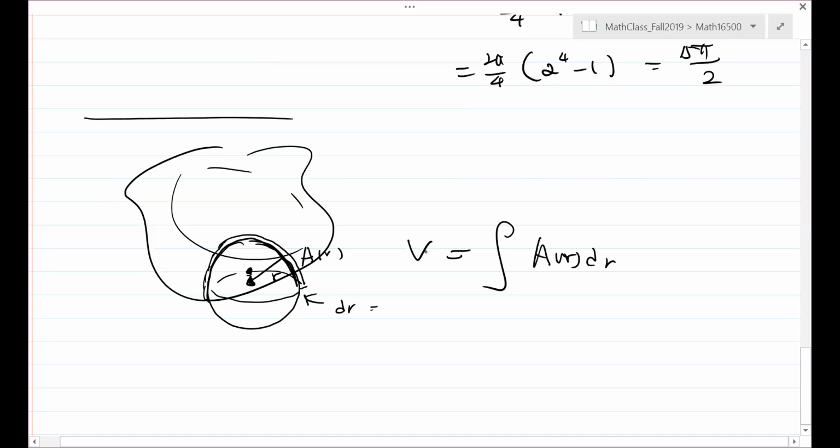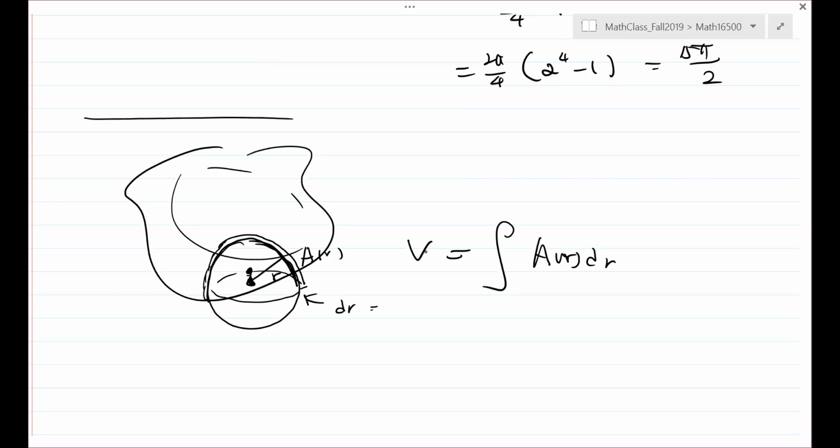It's the same idea, but this time you fix a point. You look at all the points with the same distance from the center, and you get a cross section around it. Then you increase the radius a little bit and you get another spherical shell.